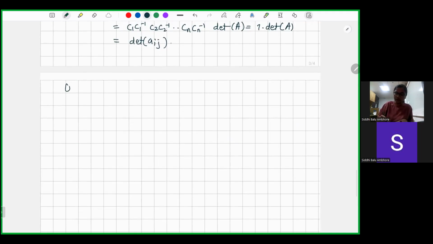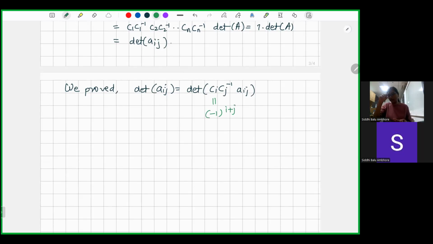In general we know that the determinant of Aij is the determinant of Cj inverse Aij. We know this. In fact, we proved. So we have to choose what Cjs we need to choose in order to have this term be equal to -1 to the power i plus j. And what can we do for that?